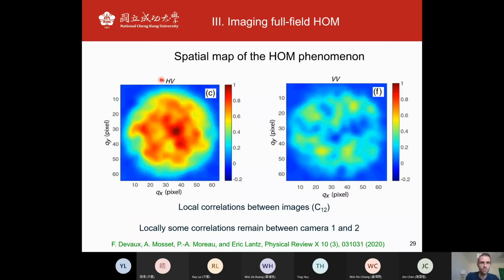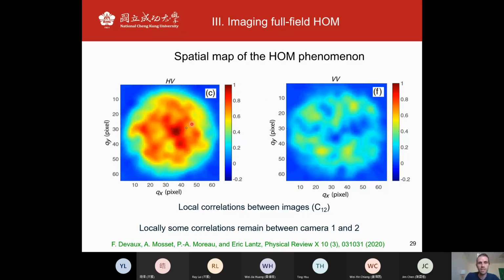Here again, you switch from HV to VV, so distinguishable to indistinguishable. This is C12, so correlations between those two cameras, between the two outputs of the beam splitter, and you see the loss of correlations between this image and this image.